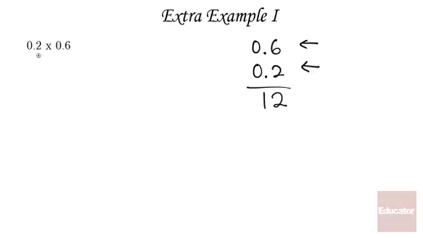From this number I have 1, and this number I have another 1. So I have 2 total. So I go to my answer and place 2 numbers behind the decimal point. So it's going to become 0.12. I can put a 0 up here too. This is the whole number, and we don't have any whole numbers, so it's just 0.